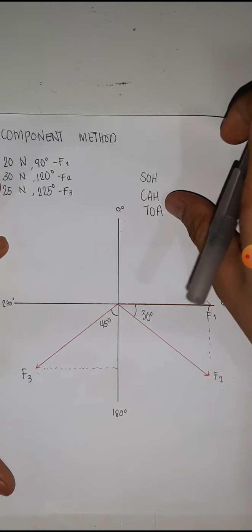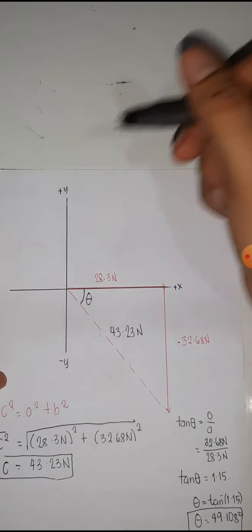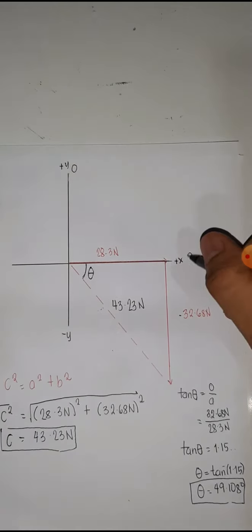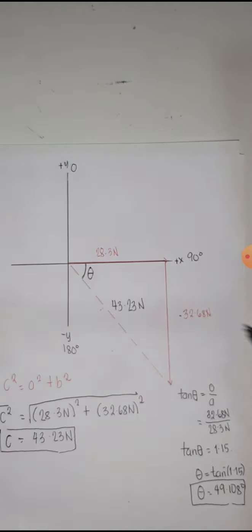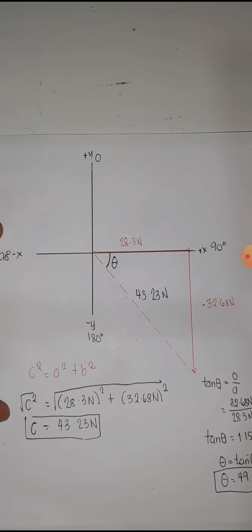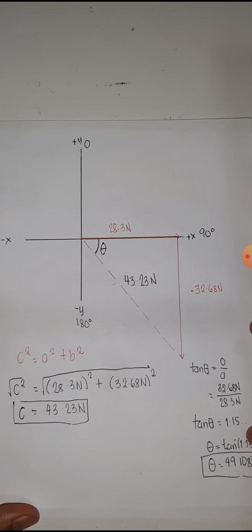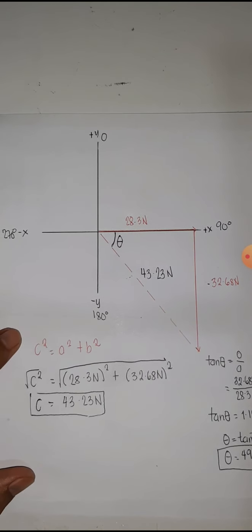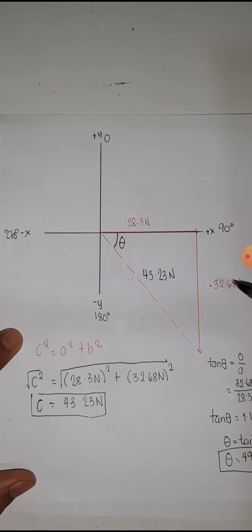So for your resultant, this should be 0, 90 degrees, 180, and this one should be 270 degrees. Again, 0, 90, 180, and 270.